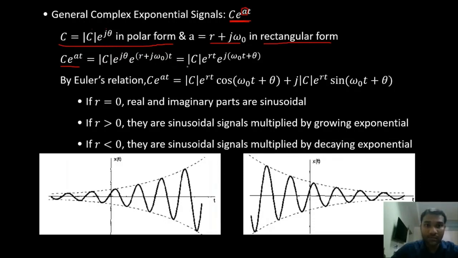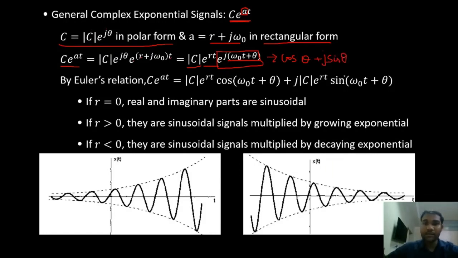So mod C e power rt into e power j, I'll take common, theta plus omega naught t. Right? Now this e power j theta, this whole thing, I can write it as cos theta plus j sine theta, right?